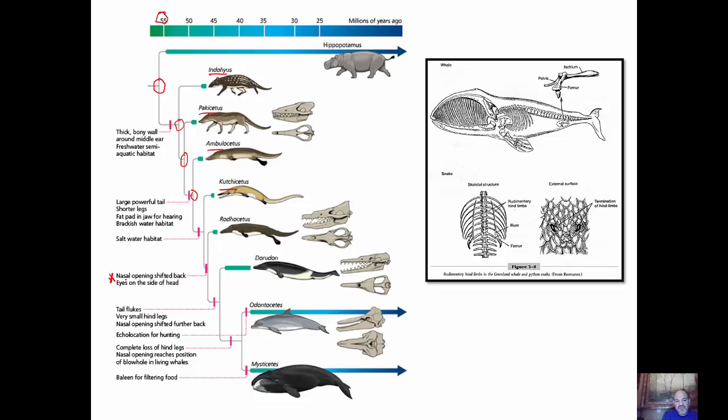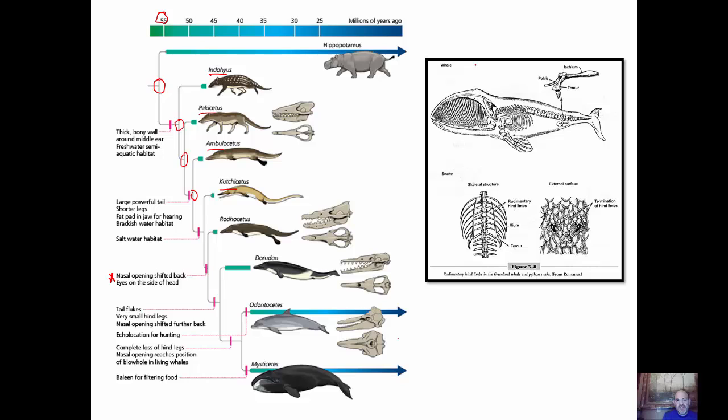Here a nasal opening started to shift back between the eyes. You know how the whales and dolphins have a blowhole up on top of their head, which is kind of like our nostrils for breathing. So that began to occur, and you started to see that shift going with those fossils. Today we do have toothed whales, and we have the baleen whales, and they're still alive today. And if you go back far enough, you find a common ancestor between the hippopotamus and modern whales.